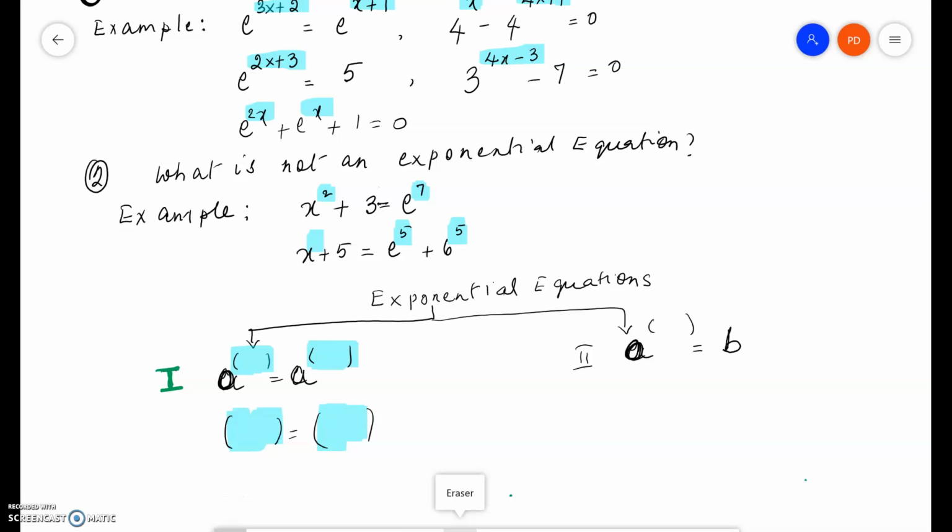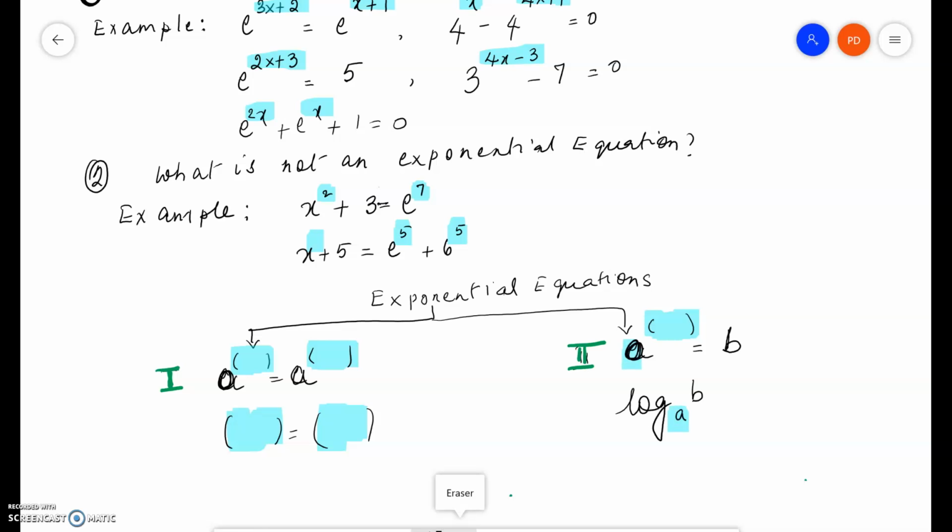And the next one is the second type, which is when you have an exponential equation that looks like a to the something, which contains an x, or whatever the unknown is called, equals b. In this case, we would have to convert it to a log equation. So this would be log of the number b to the base a. So the base is always the same.